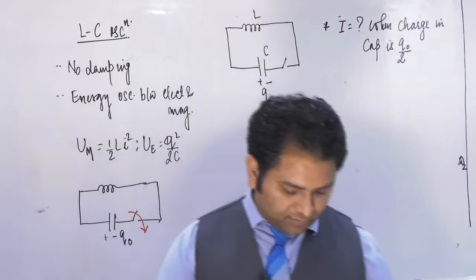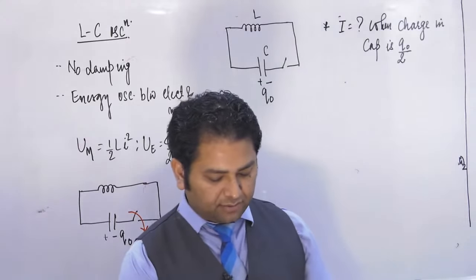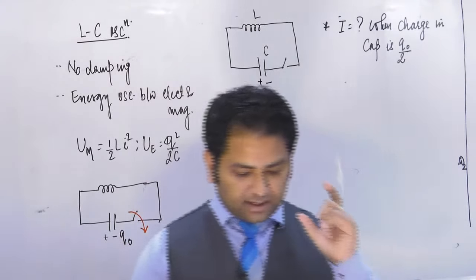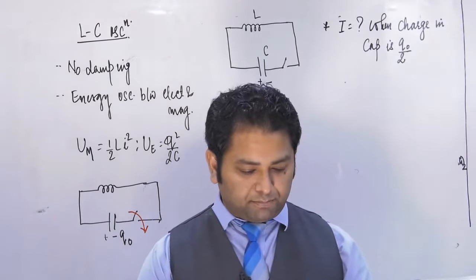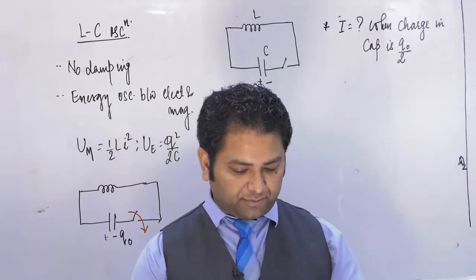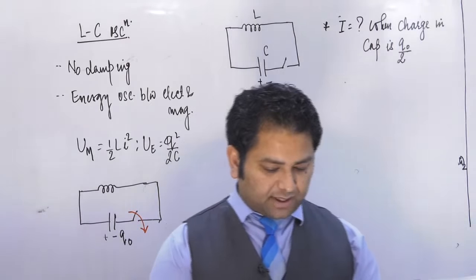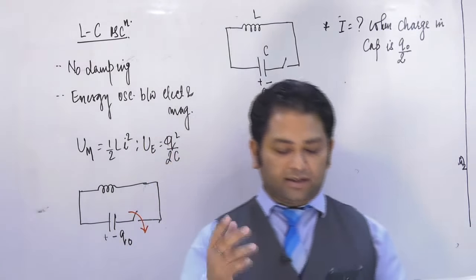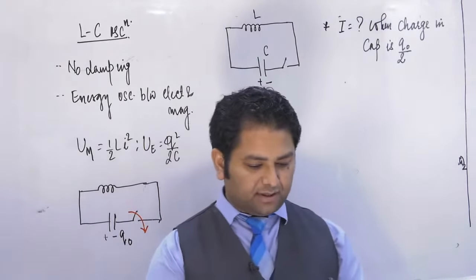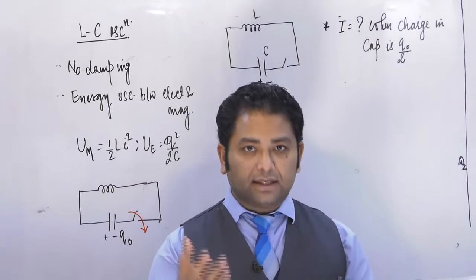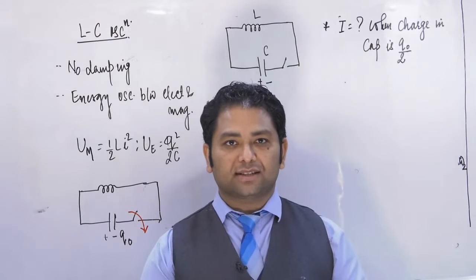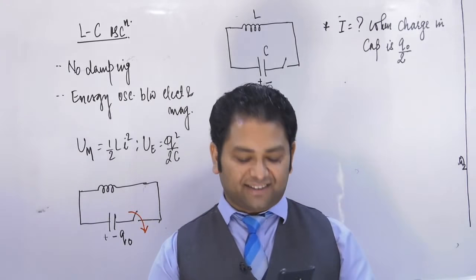There are lots and lots of ways to explore the circuit, so given the time span we have, I would be very picky on that point. Okay, so I got the option Q naught by 2 under root 3 by CL. But still, Shivans, any question you find trouble with, you can always discuss in the doubt session that we have. But in the class, I prefer not to discuss. All right? Hope you understand that.